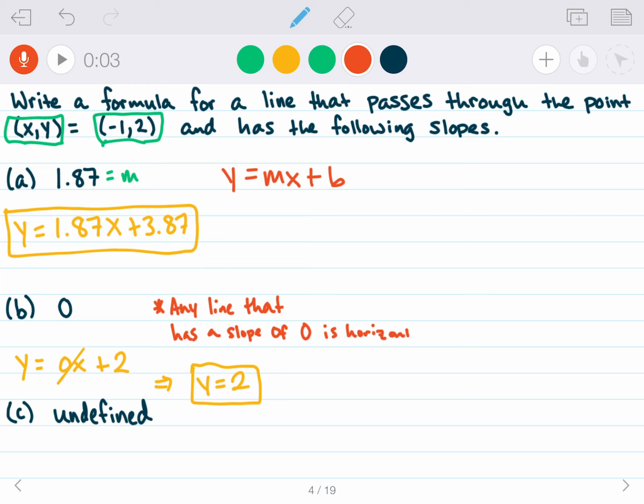And what this means in fancy terms is parallel to the x-axis. Okay, so that's what that means.